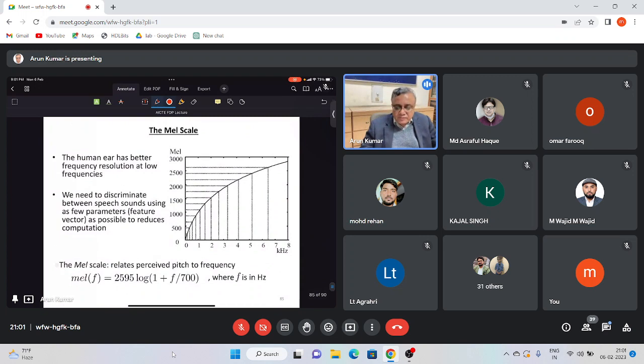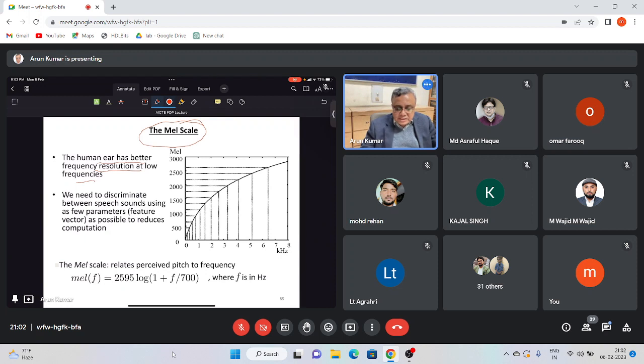Now, we have a scale in the frequency domain, which is called the Mel scale, which is understood as follows. The human ear has a better frequency resolution at low frequencies.